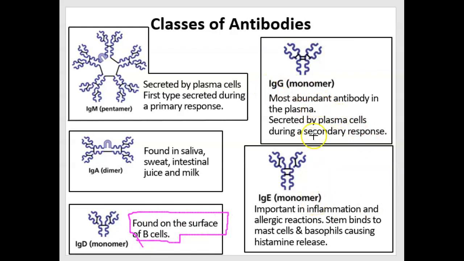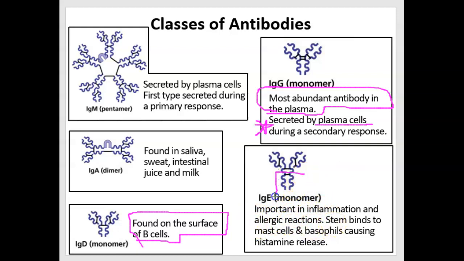We find IgG in the plasma, the most abundant antibody in the plasma. It's secreted in large quantities during the secondary response by plasma cells once again, because those are the ones that secrete the antibodies.